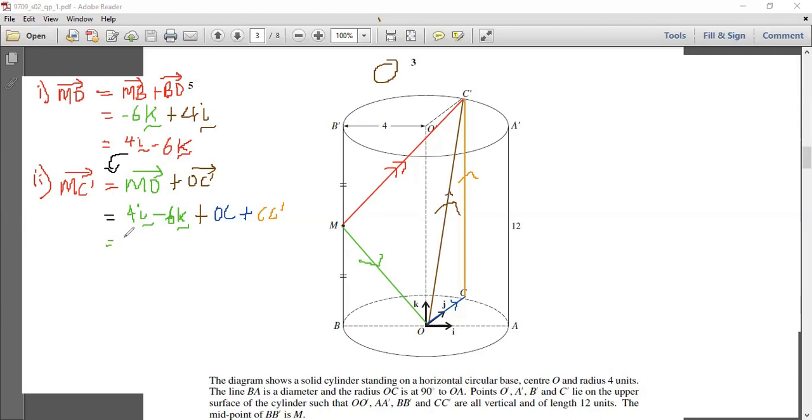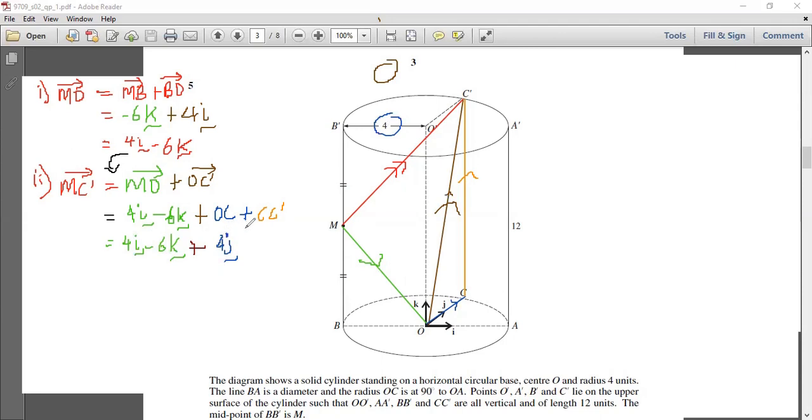Okay, let's rewrite this first. So this is 4i minus 6k, and then plus, what is this? OC is in the direction of the j, so we need to take a value. It's a radius, so magnitude doesn't depend on direction. So the OC will still have a magnitude of 4, but it's in the direction of, as you can see, the letter there, exactly overlapping on the j.